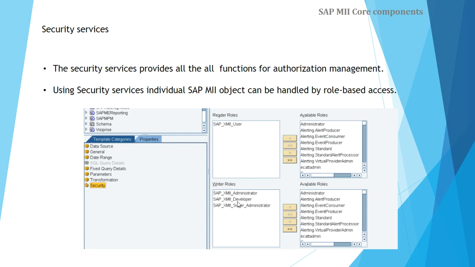So using the security services, individual SAP MII objects can be handled by role-based access. If you have a role for read, you can only read that object. If you have a role for write, you can write that object. You can maintain this in SAP MII as a role-based application.